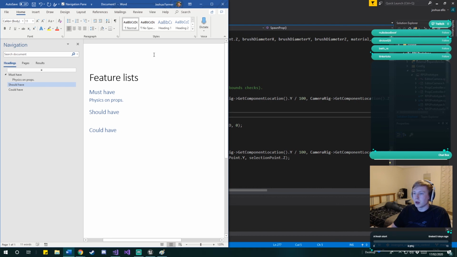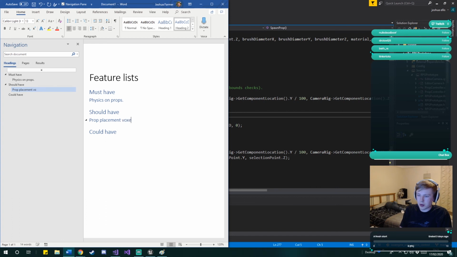But anyway, should have, this would be... goes on there. Is there anything else in the prop system that's essential right now?